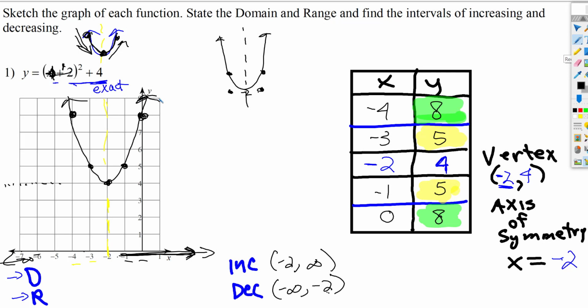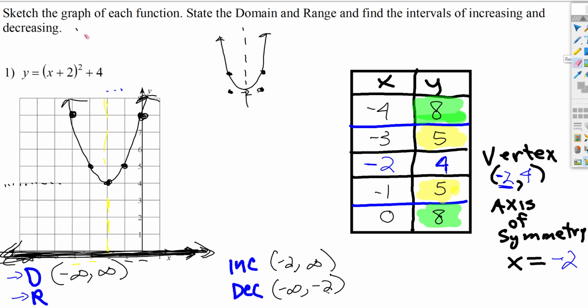Okay, so here's the interesting thing about domain and range for parabolas. For any polynomial, x to the positive integer, the domain will always be from negative infinity. This is what I mean. We can plug any real x number into this function and we will get a height.